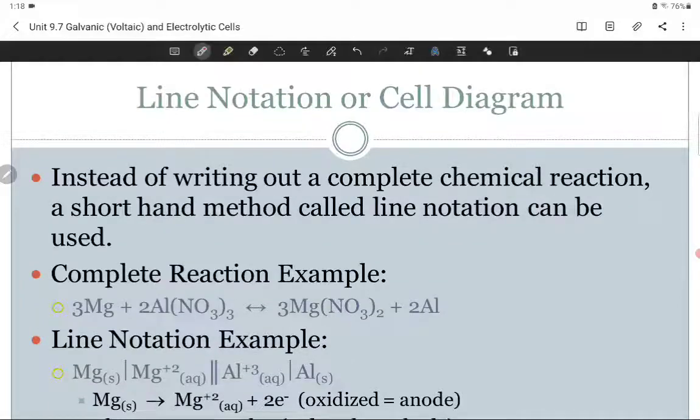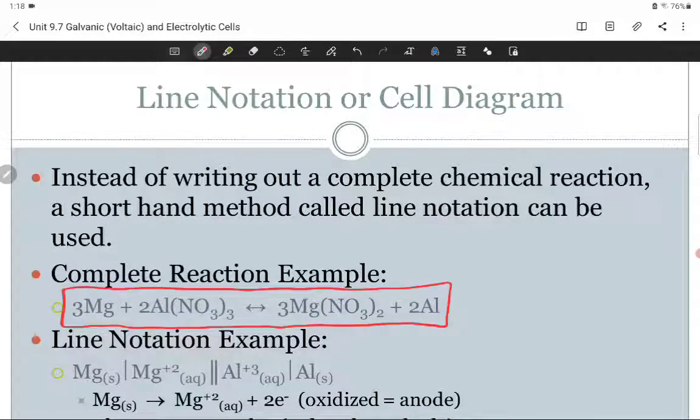So here would be a full chemical reaction, and no one bothers writing that because most of the things, well, not most, the nitrates in there aren't part of the chemical reaction. They're just spectators. And instead of writing everything out with pluses and arrows and all that, some people do this. Magnesium metal going to magnesium ions.